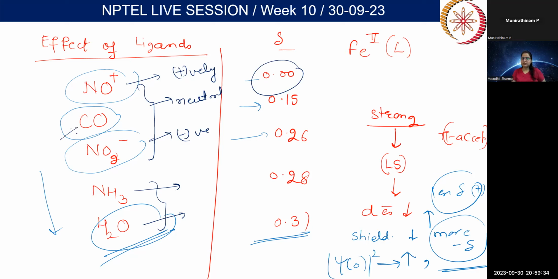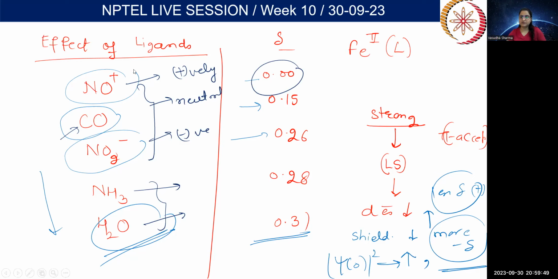In case of carbonyl, it is neutral compared to the positively charged one. The neutral one would have less d electron acceptance compared to the positively charged, because the positive one is deficient. And if we have a nitro, NO2 negative, that negative would already have electron density there.